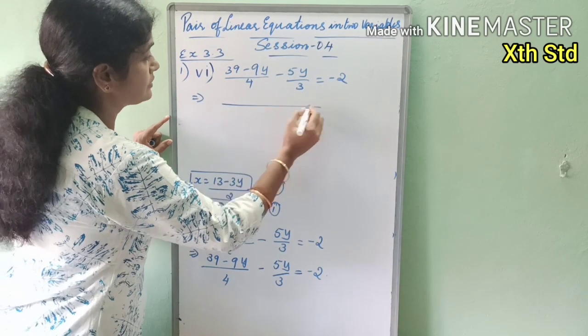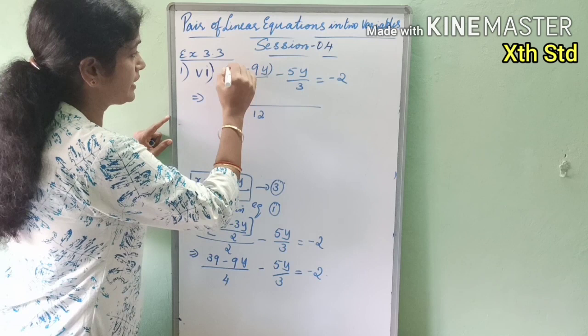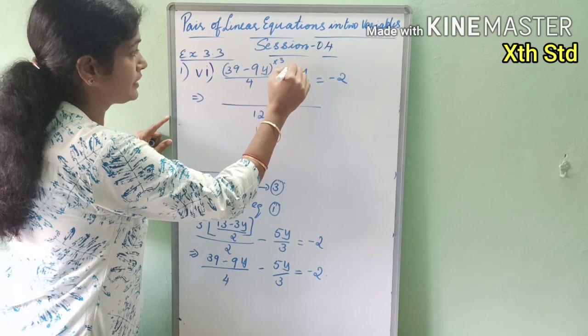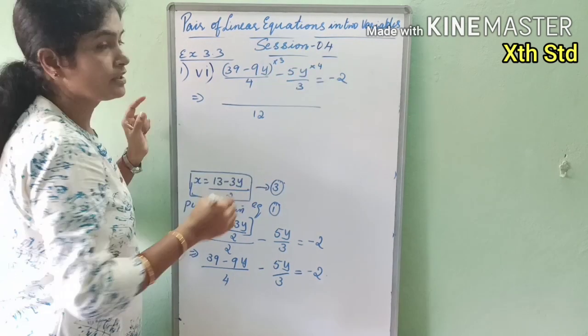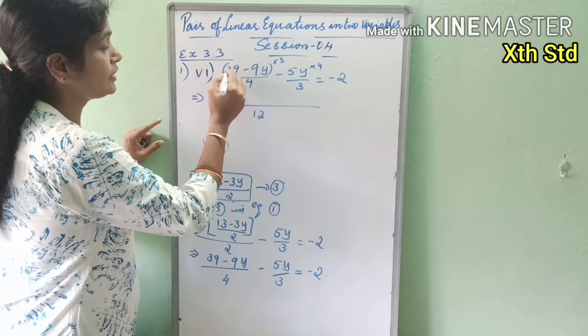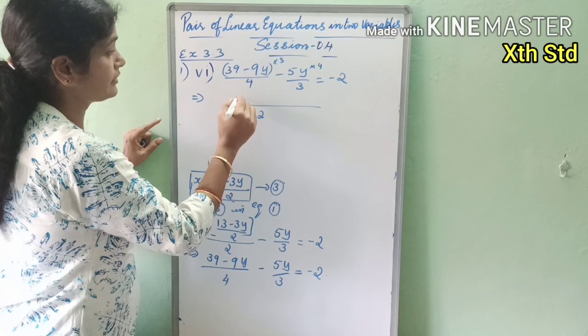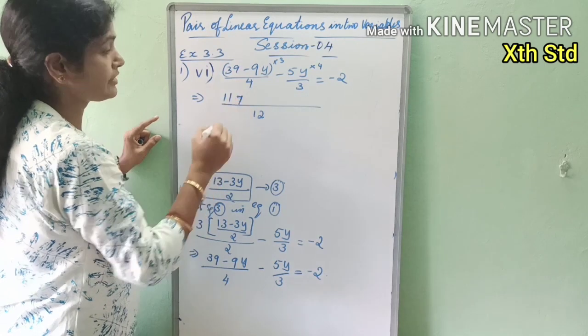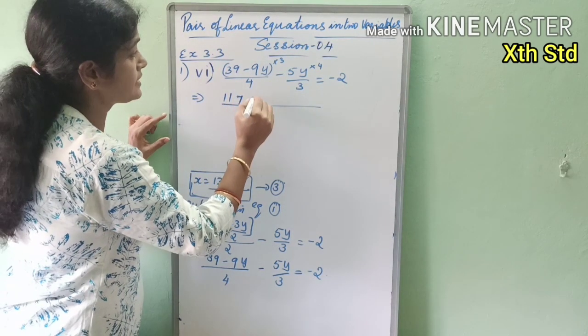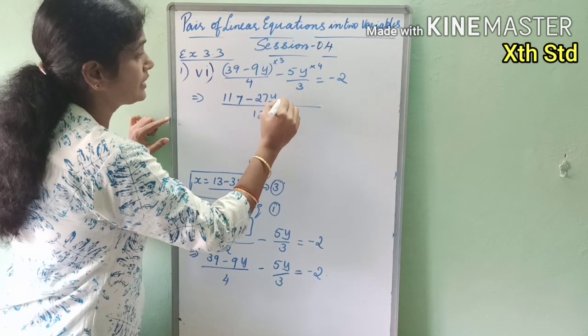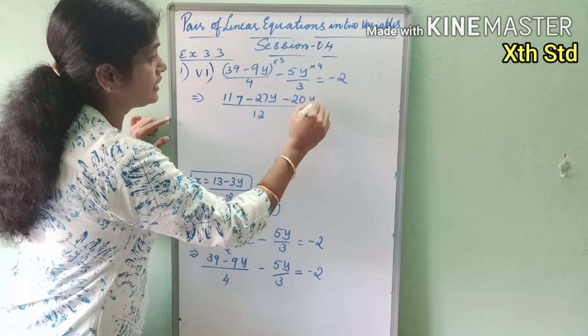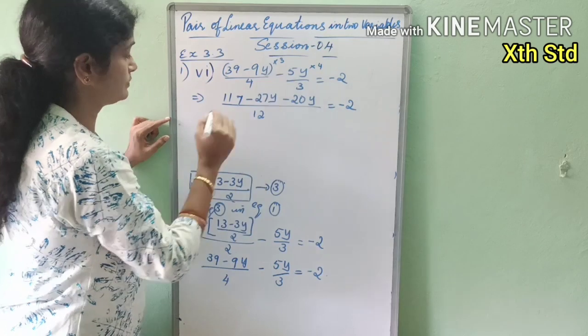The LCM is 12. So this entire equation you are multiplying by 3, and this you are multiplying by 4. Correct? So 13 into 3 is 39, 9 into 3 is 27, 117 minus 27y minus 20y is equal to minus 2.